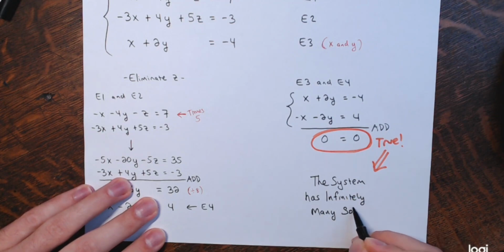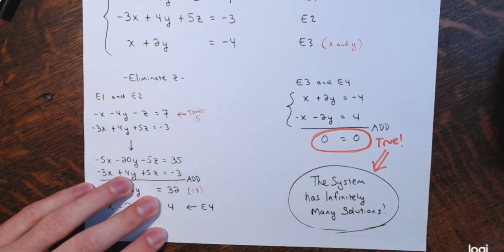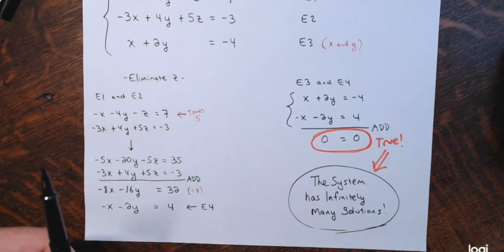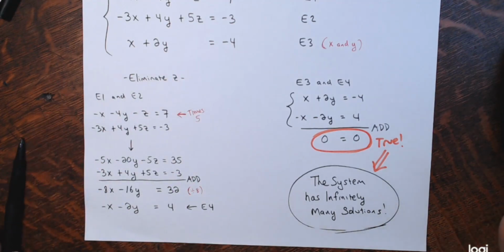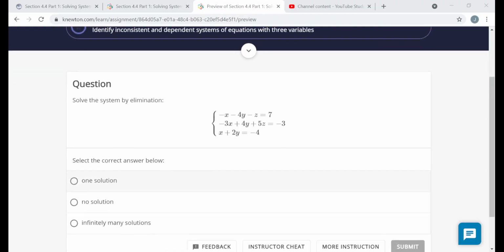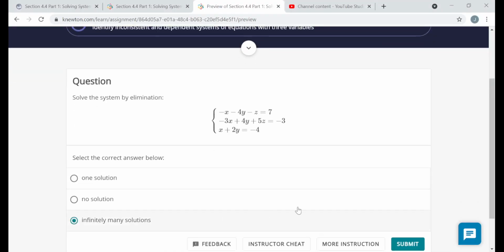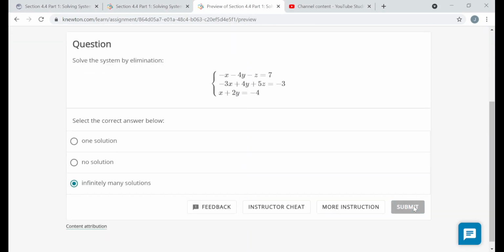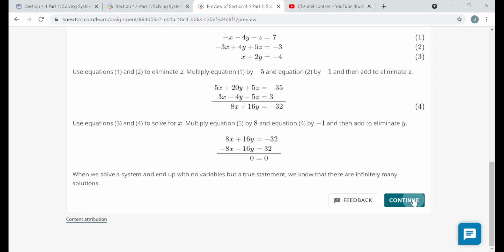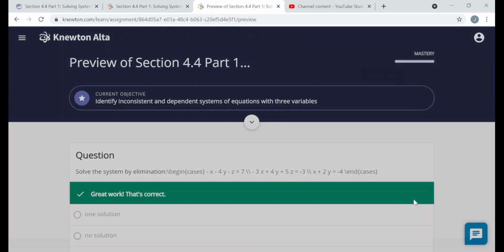And we're not going to worry about finding any specific ones, okay? And they would call this system a consistent system with dependent equations, or just a dependent system if you want to write that too. But that's not what they're asking us to do here, just infinitely many solutions for this system. Wonderful. Alright, and that's it for this version of this assignment.